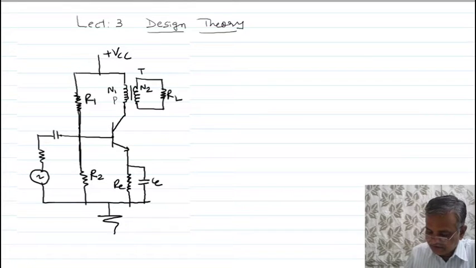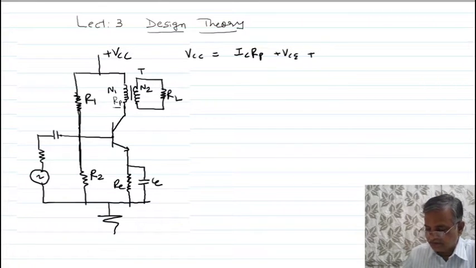If I say the primary resistance of the transformer is Rp, then I can write VCC is equal to IC into Rp plus VCE plus IC into Re.